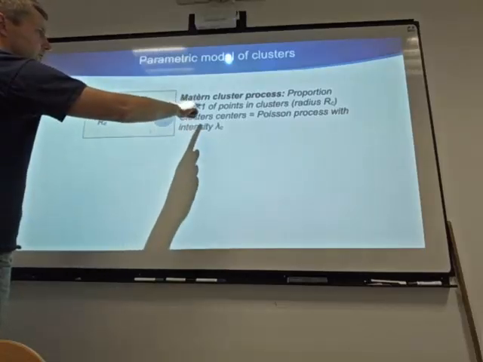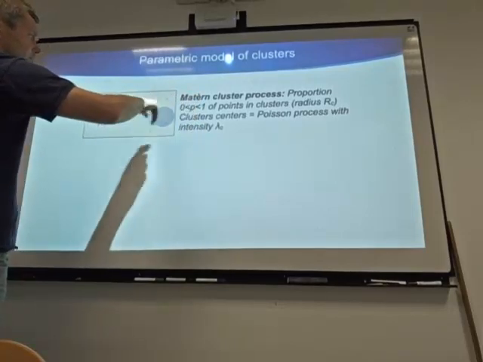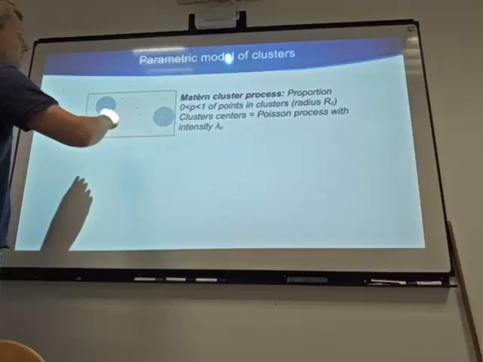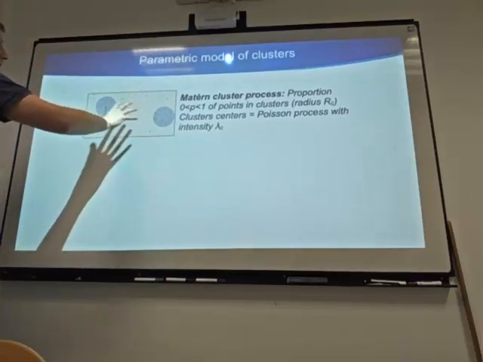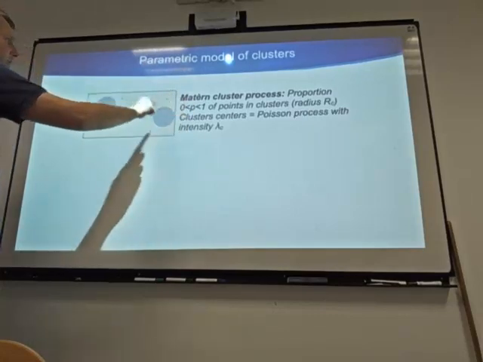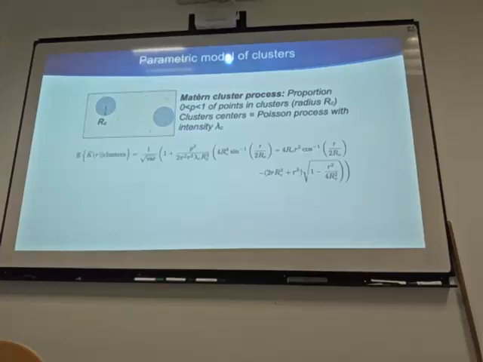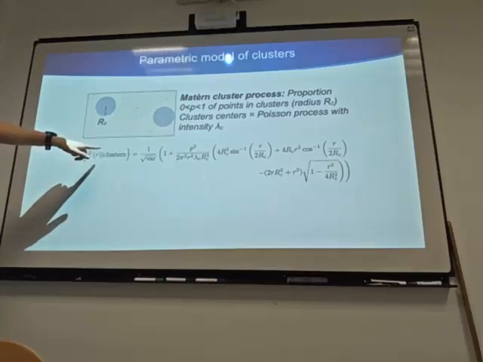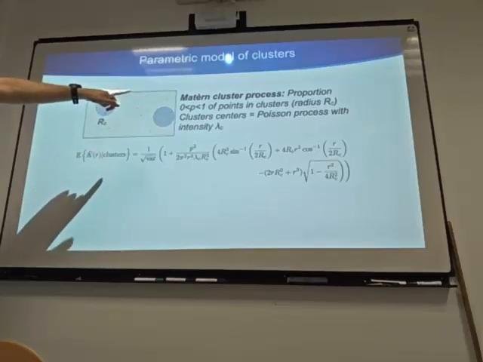And in each cluster, you're going to put a proportion of the total points. So you have 1 minus p points that are randomly distributed, and p points that are inside the clusters. And based on this, you can derive the expectation of your K function given this proportion of clusters, lambda c, RC, and p.